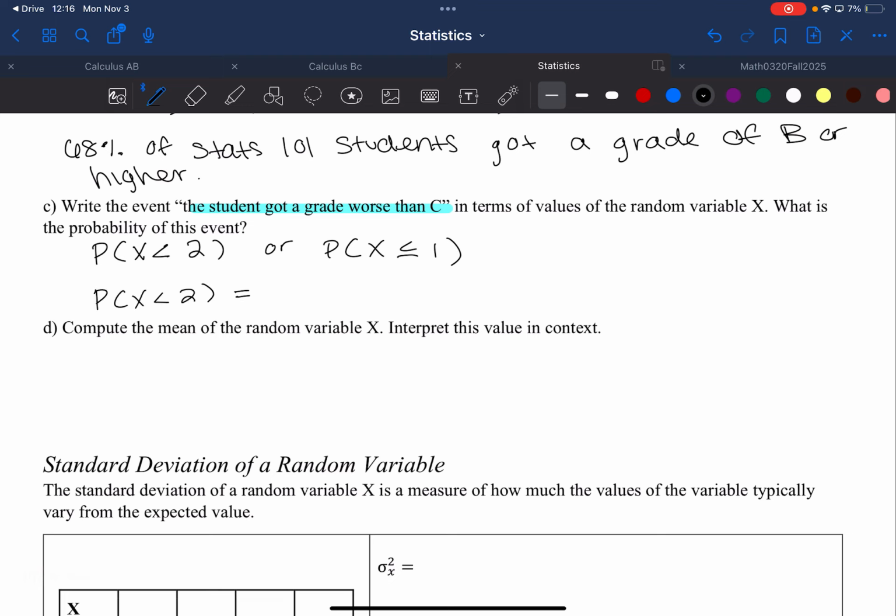That's the same as saying the probability of X equals 1 plus the probability of X equals 0. Well, that is equal to 0.10 plus 0.02, which is equal to 0.12. Which means 12% of Stats 101 students got a grade worse than a C. Not too bad.